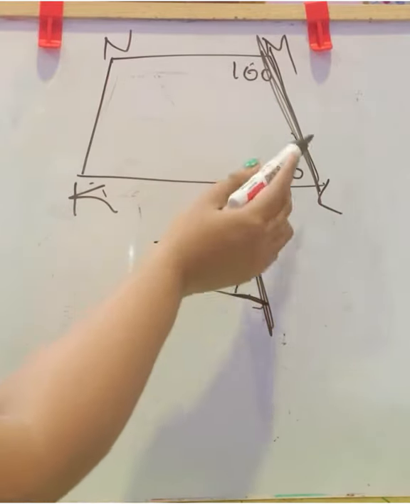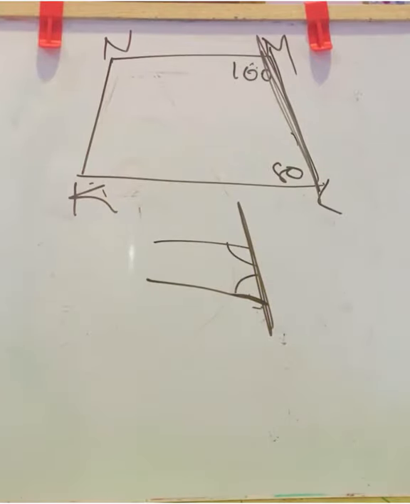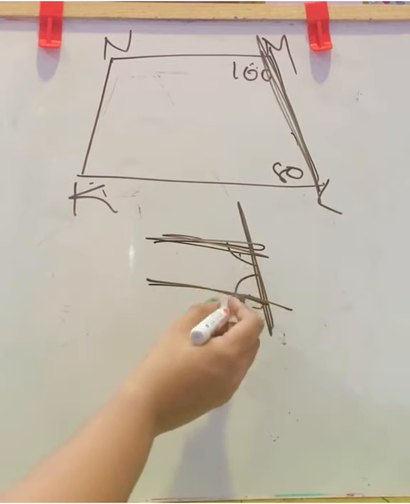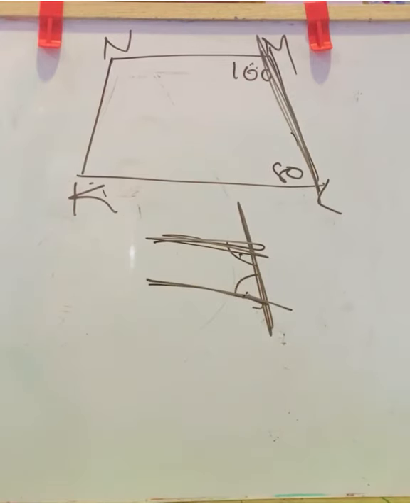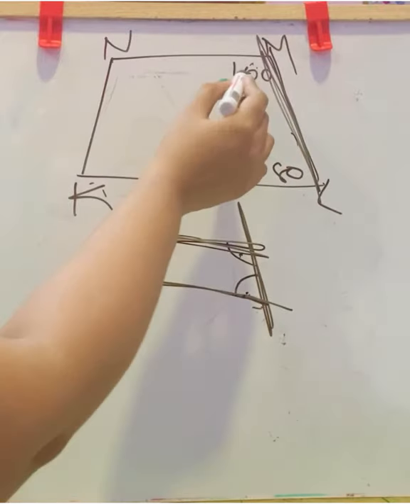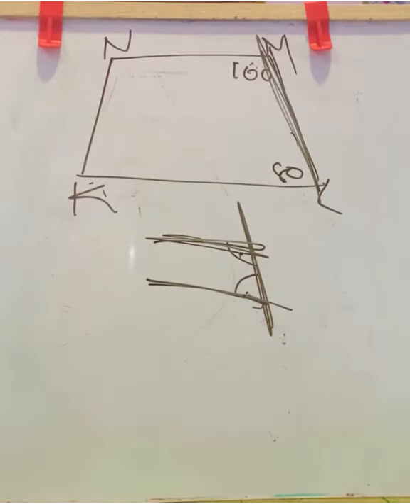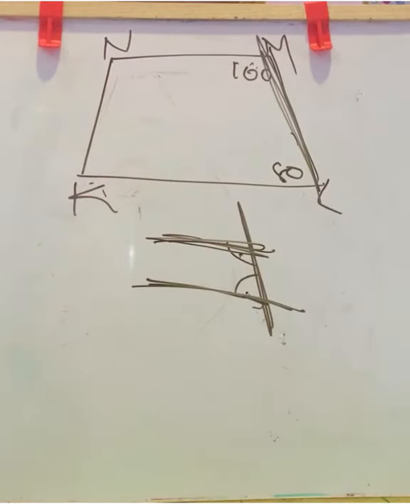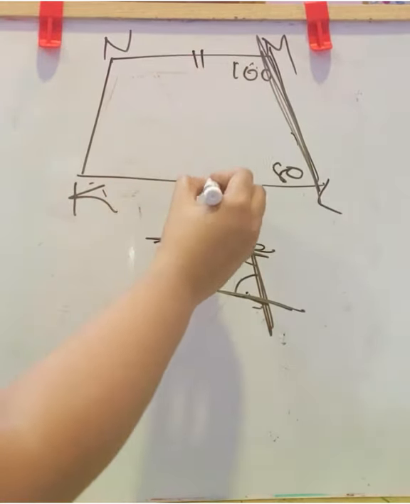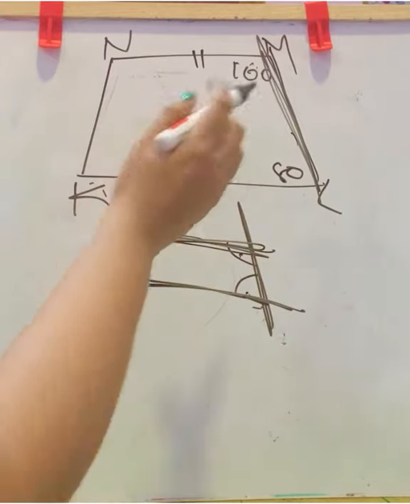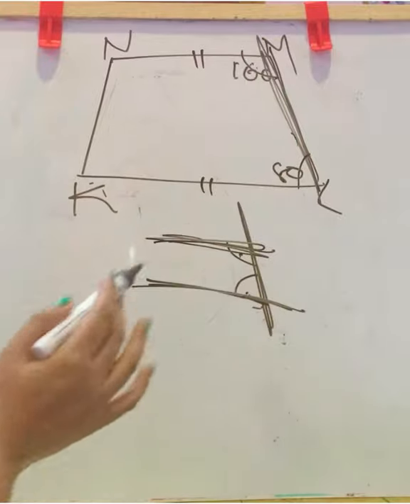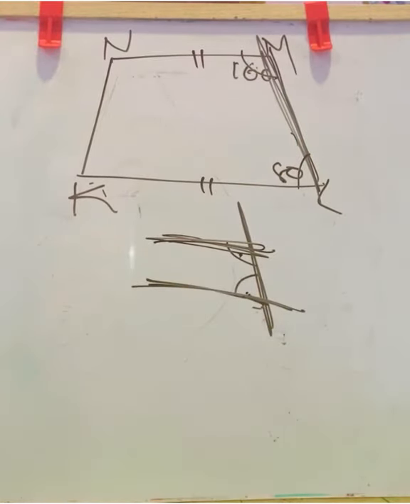These are the consecutive interior angles, and if these lines are parallel, the sum of consecutive angles will be 180. So here, if the sum of these angles is 180, then you can say the given lines are parallel. That is, this line is parallel to this line only when the sum of these angles is 180, because they are in the place of consecutive interior angles.